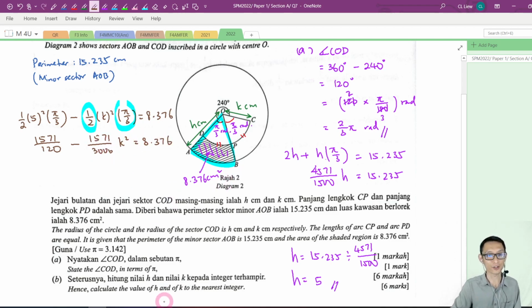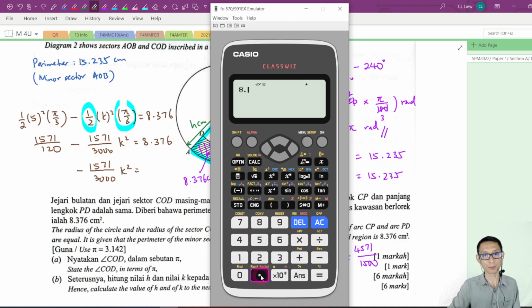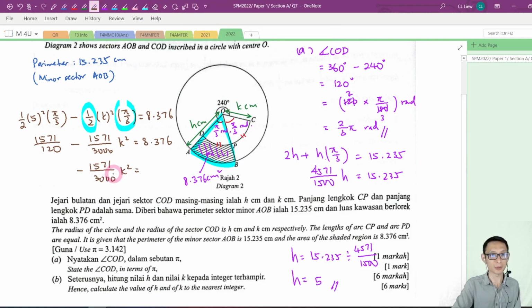Okay, so the next step, this minus this one. Just press your calculator. 8.376 minus 1571 over 120. Okay, so can I change to fraction? Okay, cannot change to fraction. Let me do it a little bit faster.